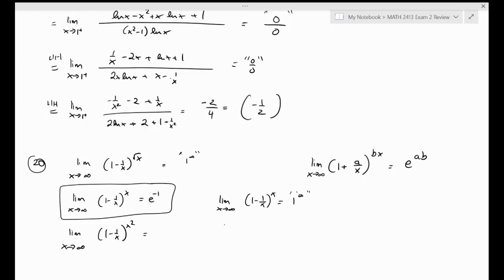So what we're going to do is, how were you taught in class? Were you taught to simply leave it like this, and then think of it as e to the log? Or were you taught to say, let y equal 1 over 1 minus x to the x, and then take the log of both sides? So we're going to let our function be y.